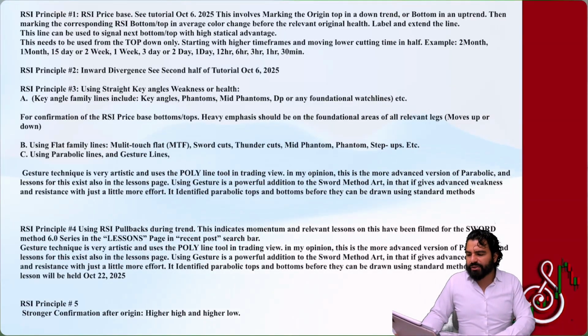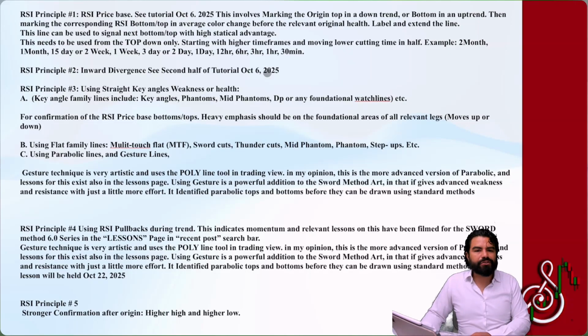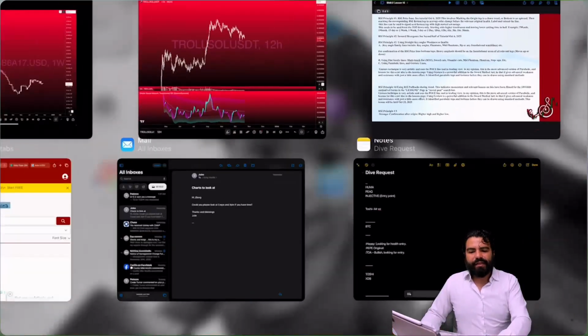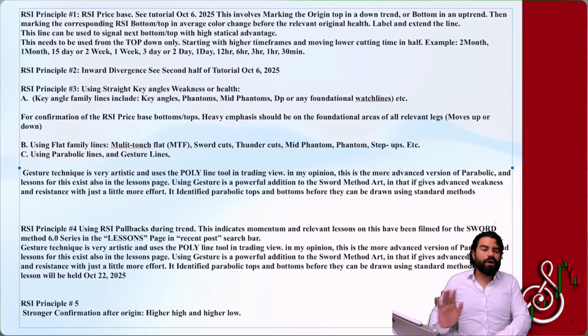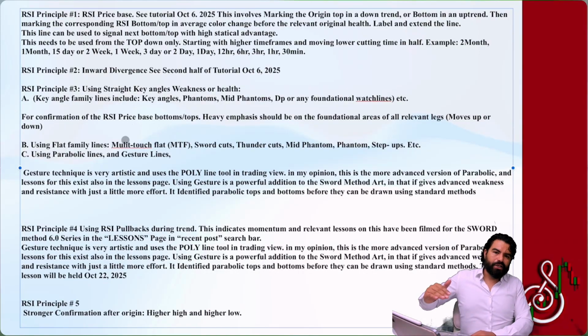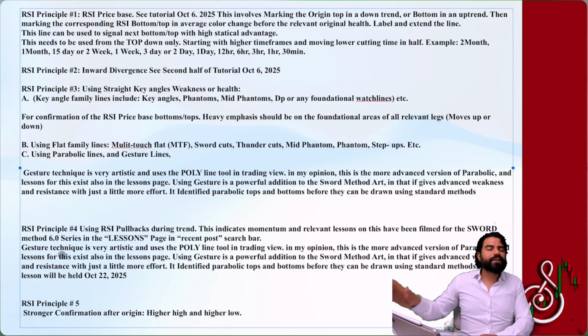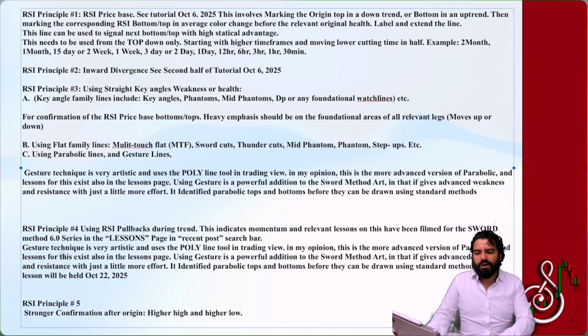Now, principle number 2 is inward divergence. See the second half of the tutorial on October 6th. The inward divergence principle is when we're looking at smaller time frames. If prices are coming down, we're looking for RSI to start moving inward. At the very least, you want it equal. So price will be coming down, but RSI starts leveling out and going inwards, especially in and around the time when prices are going to change.